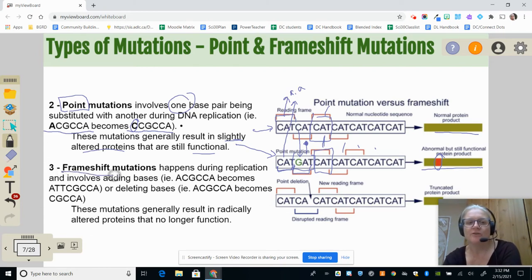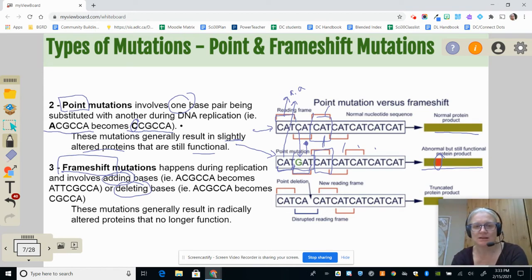Then you can also have frame shift mutations. So frame shift happens during replication where they might have added an extra base into the chain or deleted one of those bases. All right.